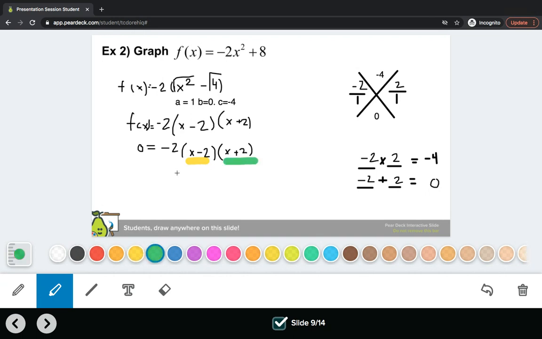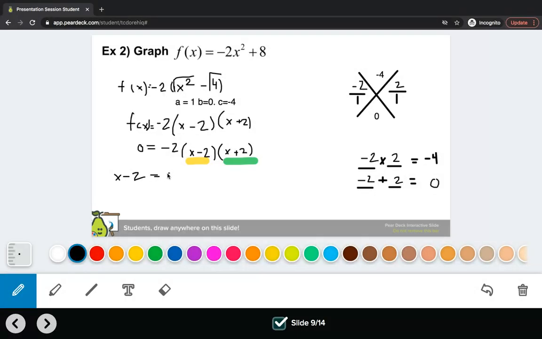I can set each of those equal to 0 and solve. So I have x minus 2 equals 0, and then I have x plus 2 is equal to 0. And when I solve those out, add 2, minus 2, minus 2.